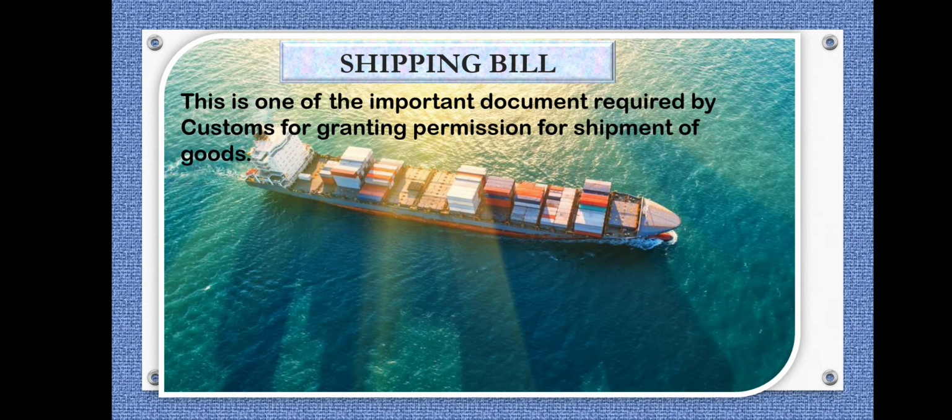Next is shipping bill. This is one of the important documents required by customs for granting permission for shipment of goods. That means whenever any exporter is exporting the goods, he should have the shipping bill to get the permission for the shipment of goods.